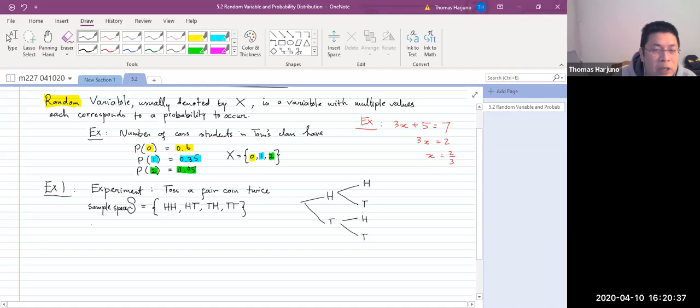So let's say, for example, from this experiment, I say let random variable x be the number of tails. Then, what are the possible outcomes for this random variable x?